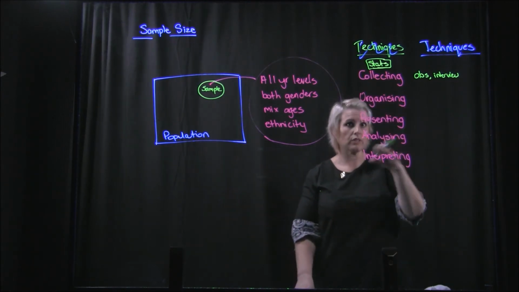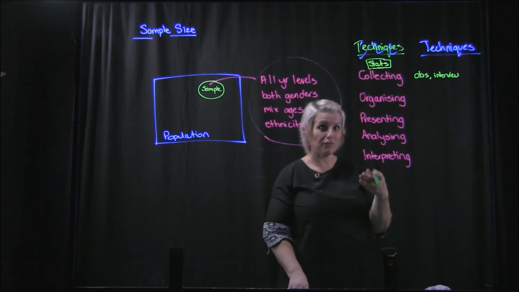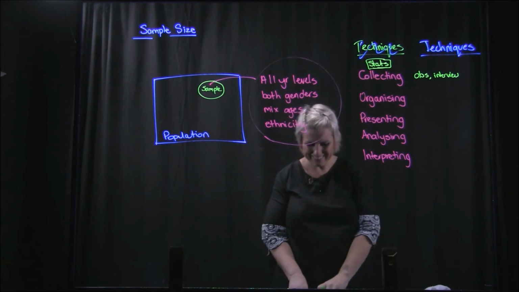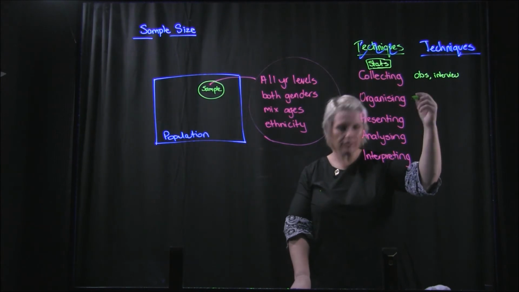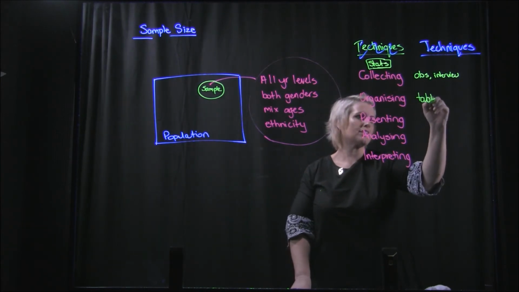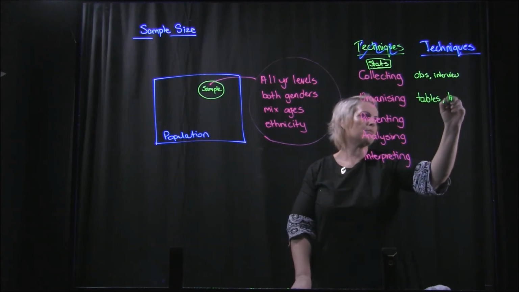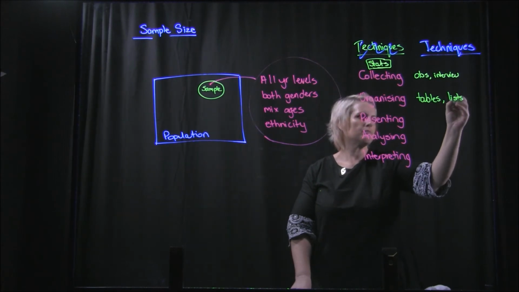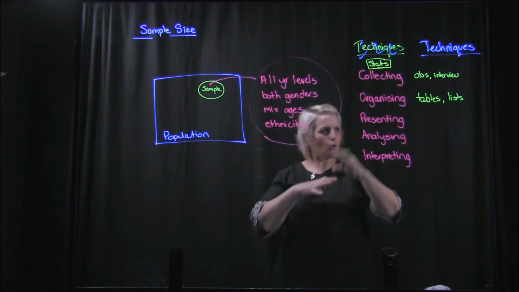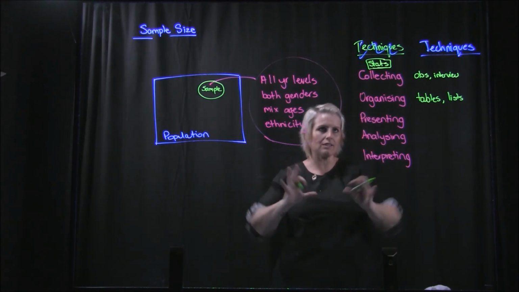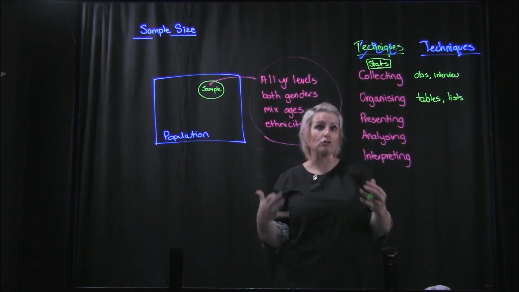I'm going to write all these, but you should pause the video and write these all down. Organising is where we organise the data we collect into tables or lists, that kind of thing, so that it's ordered and we can then make use of it.